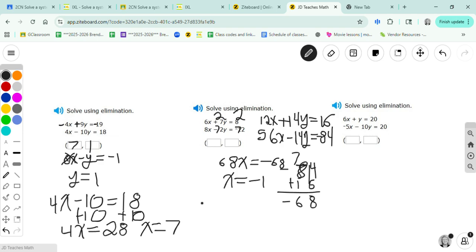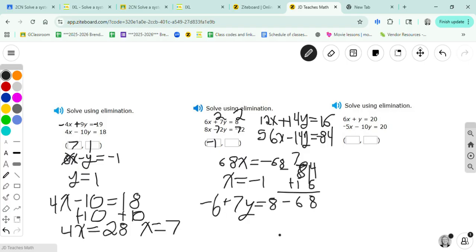So we'll get negative 6. We're just going to plug it into one of the equations up here. So we got negative 6 plus 7y equals 8.